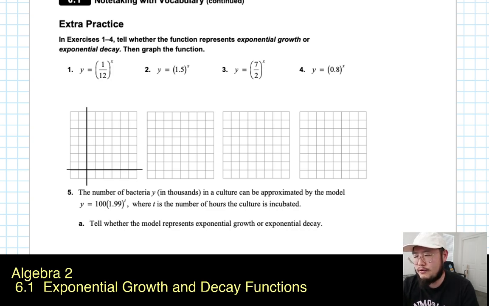It's that 1 over 12. Is that less than 1 or greater than 1? I'm pretty sure 1 over 12 is less than 1. So what that tells me is that this function, 1 over 12 to the x power, happens to be decay. So we can safely say we've got decay.